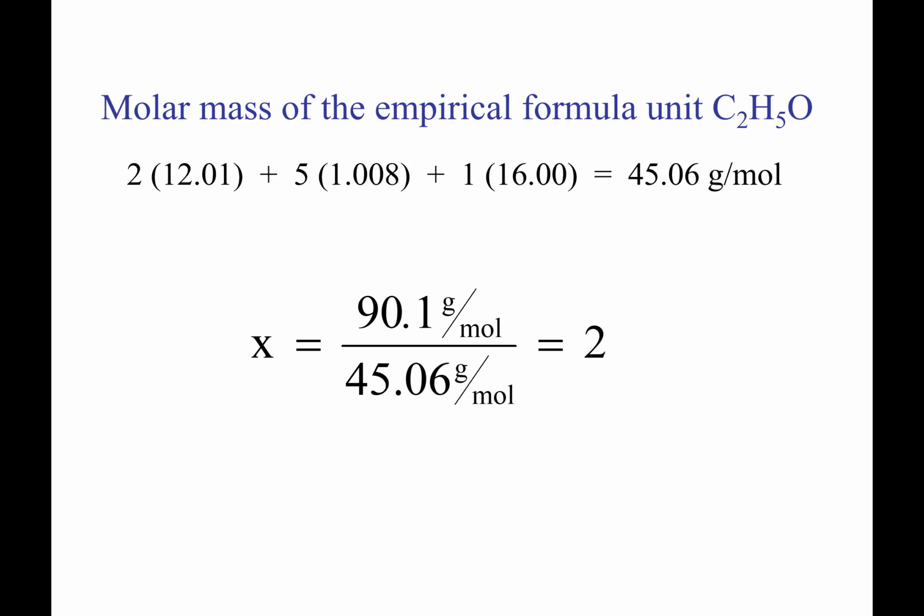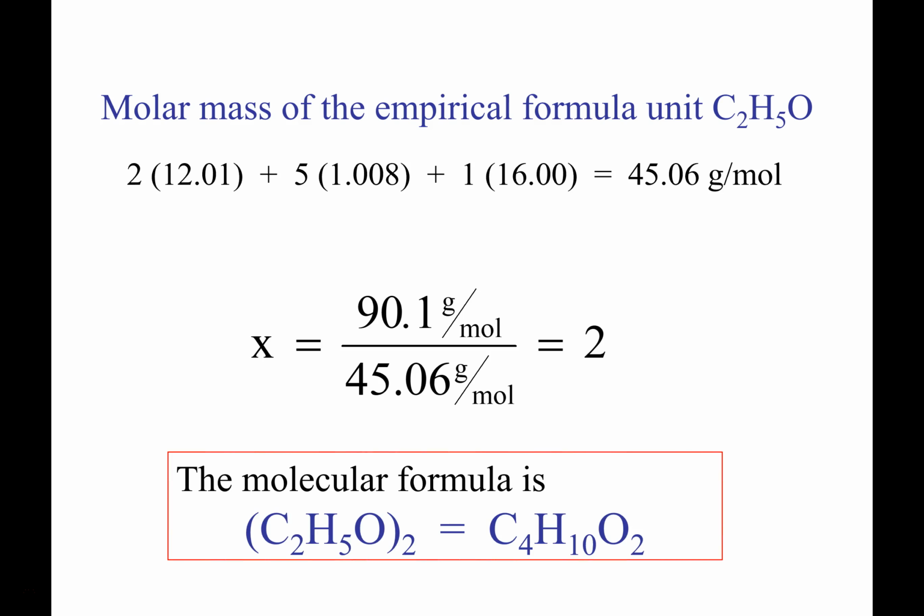So that means we have 2 of these units, 2 of the C2H5Os. So the formula then must be C4H10O2. When I say formula, I should have said the molecular formula. So this is the real deal molecular formula, and of course the C2H5O1 was the empirical formula that we were working with.